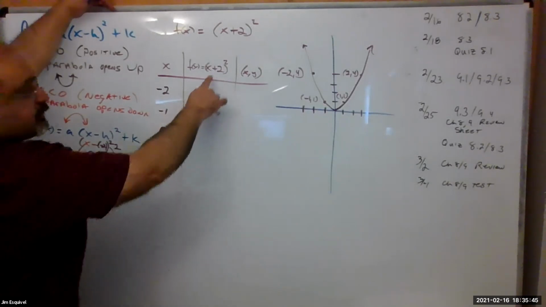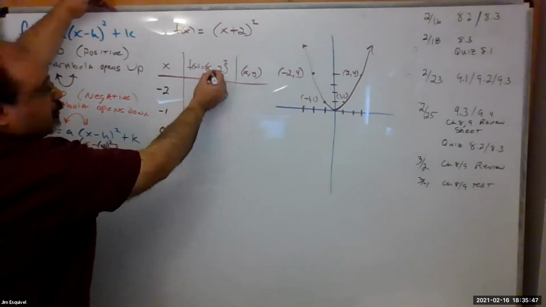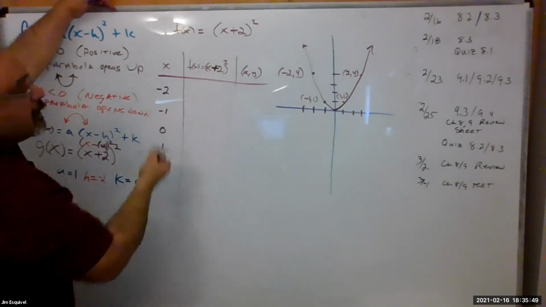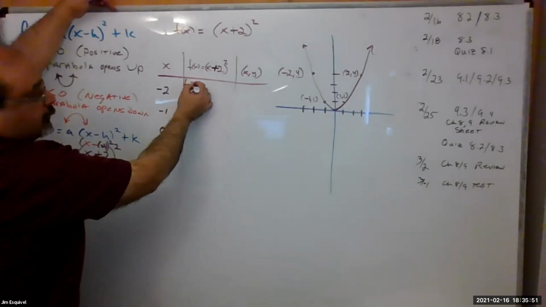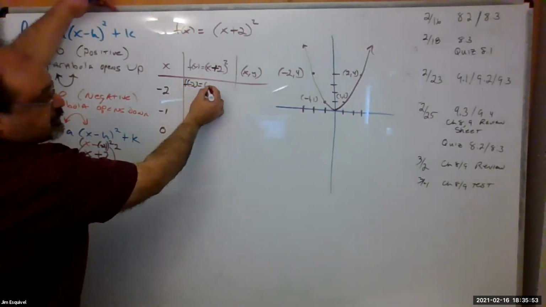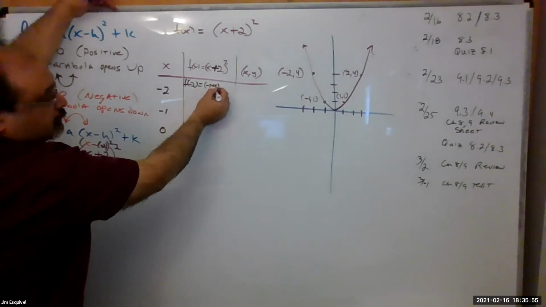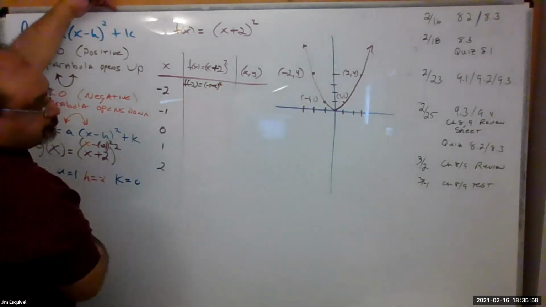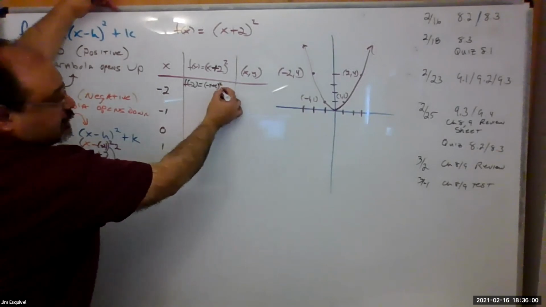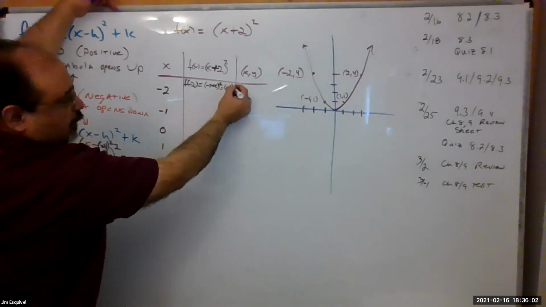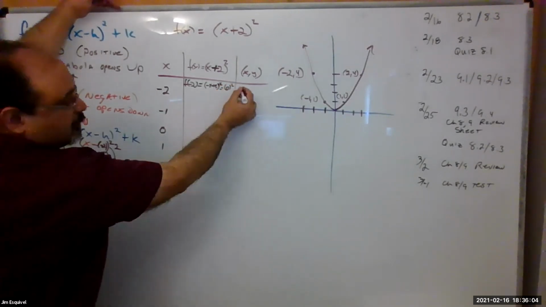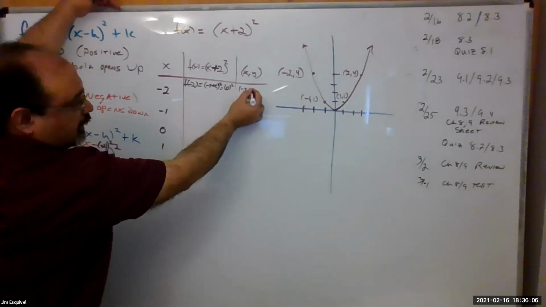Actually, my bad, not plus 2. I want to plug in minus. You know what? I want to do plus 2. Never mind. So f of negative 2 is (negative 2 plus 2) squared, which is equal to 0 squared. So when we plug in negative 2, we get 0.